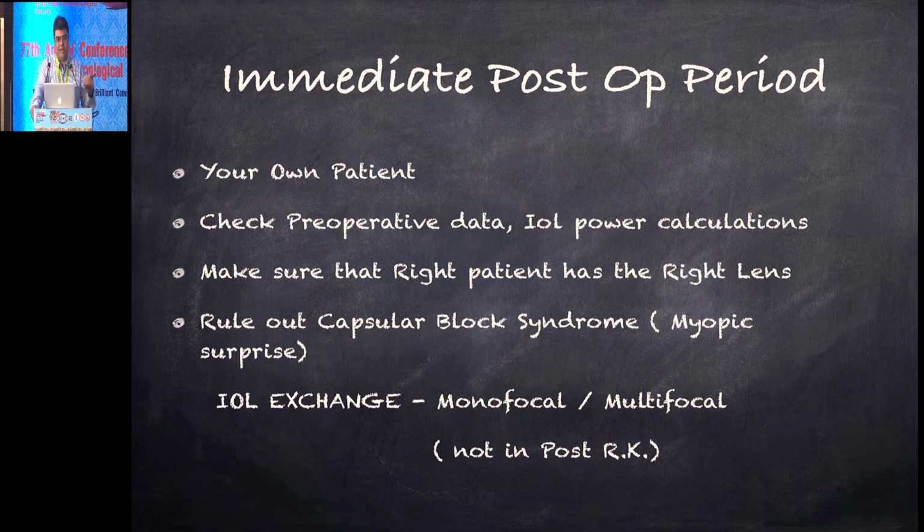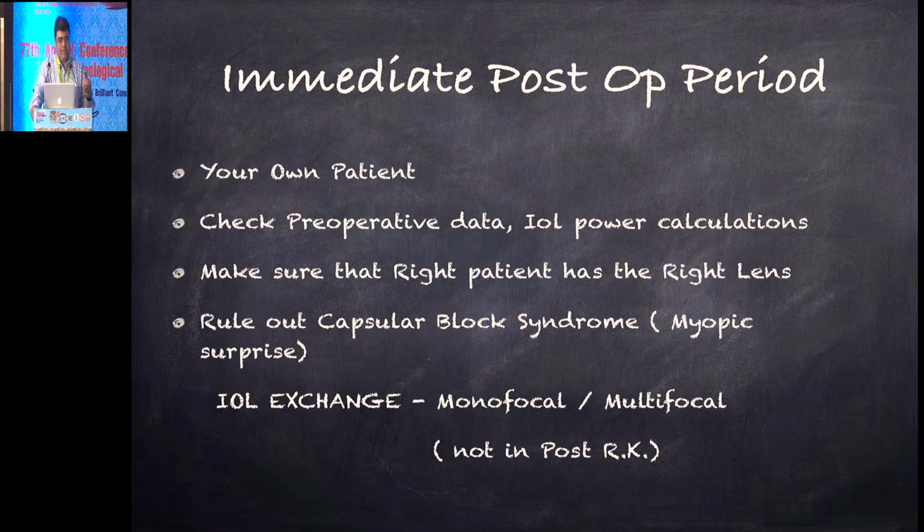See where the mistake has happened. Then also make sure that the right patient has got the right lens, that you have not by mistake put the lens of some other patient in this eye. So you need to go and check your data.